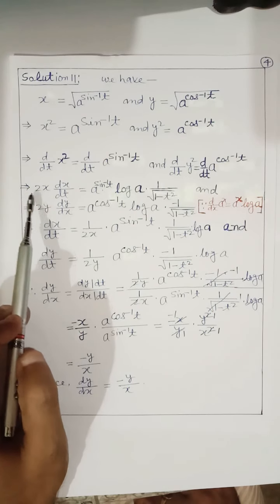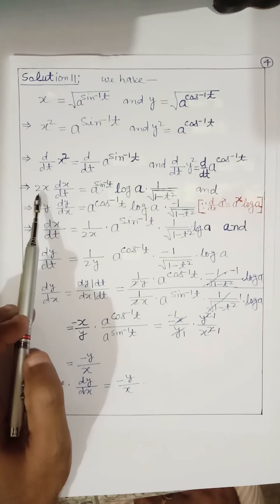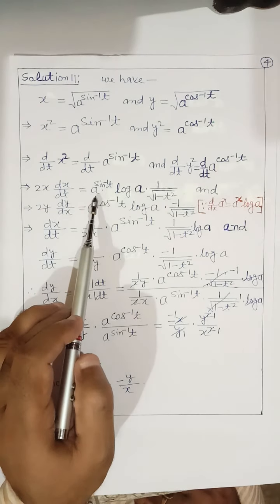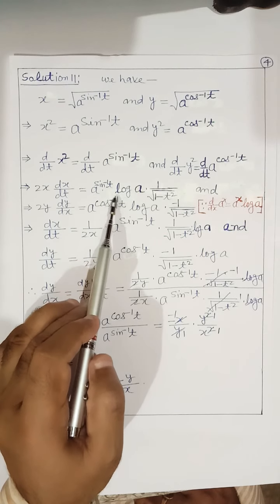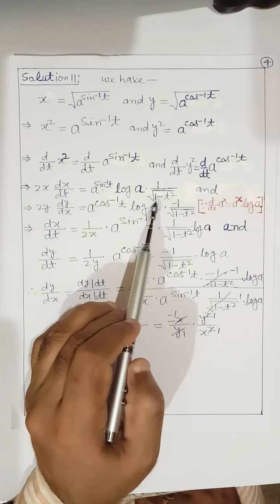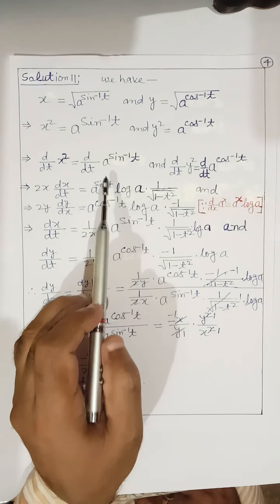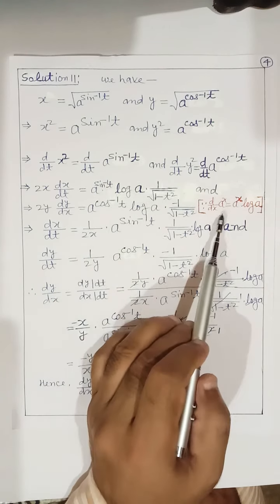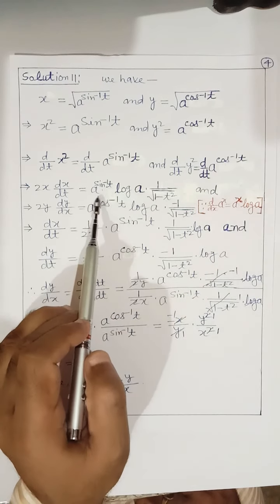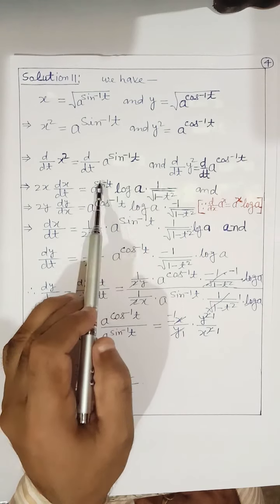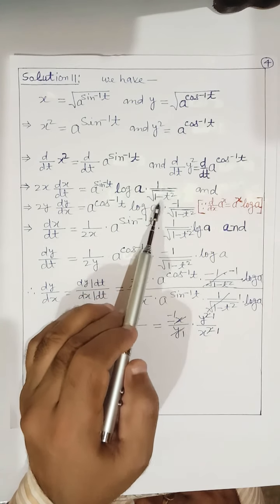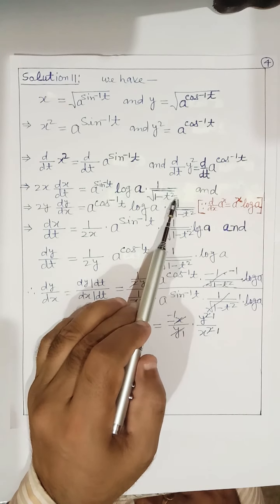And this implies that 2x dx/dt equal to a to the power sin inverse t into log a into 1 by square root of 1 minus t square. Here first we differentiate a to the power x, that is a to the power x log a, and again we differentiate sin inverse t, we get 1 by square root of 1 minus t square.